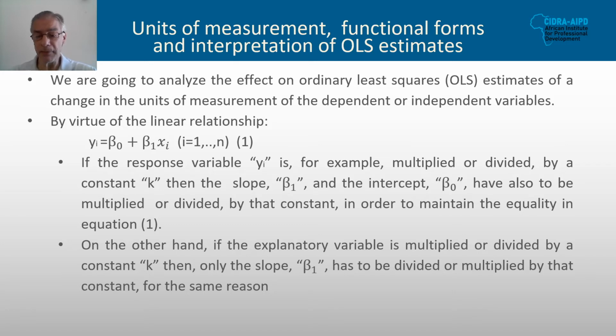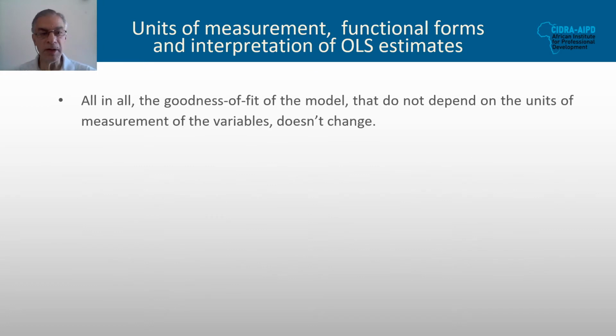That is, we have to reverse the operation in order to maintain equality in equation 1. All in all, the goodness of fit, the R squared, doesn't change. Why? Because the numerator and denominator of that expression are scaled by the same value, so it doesn't change.